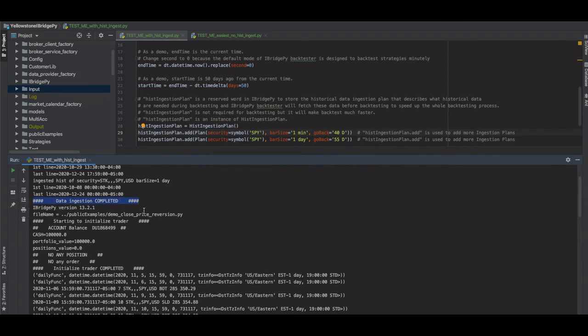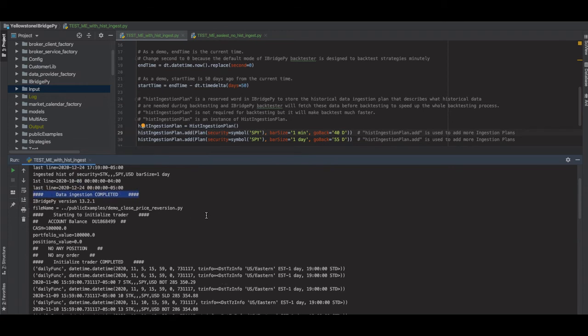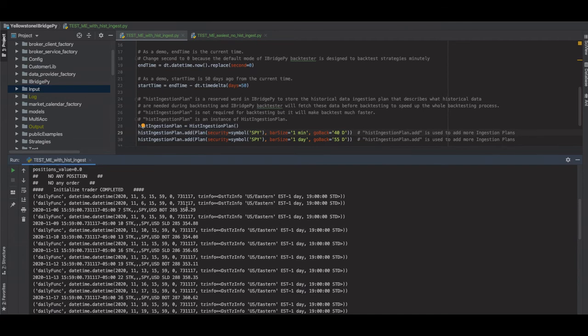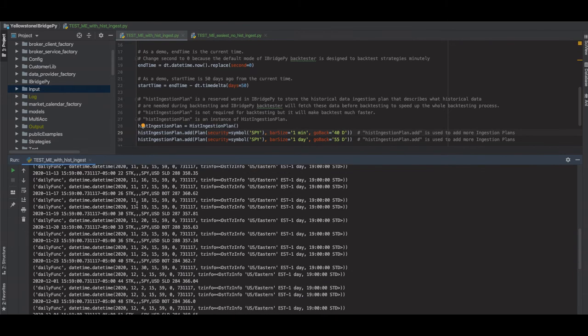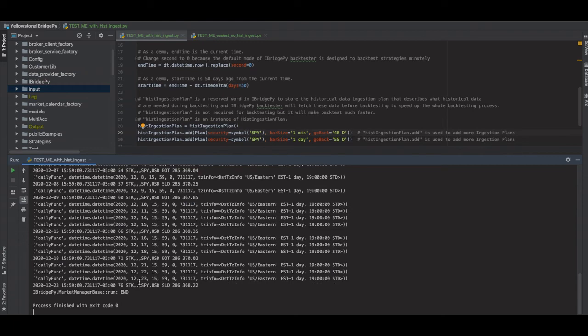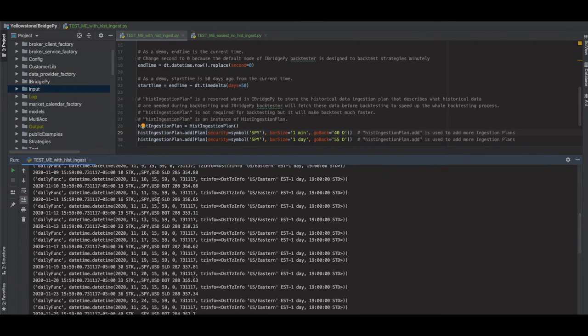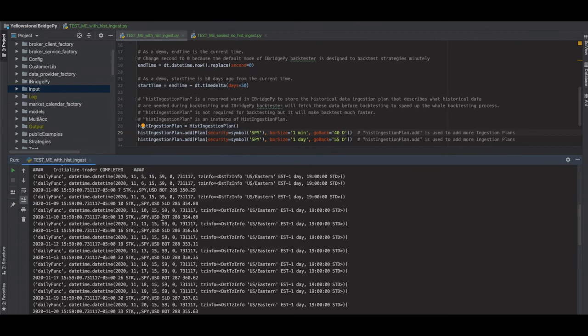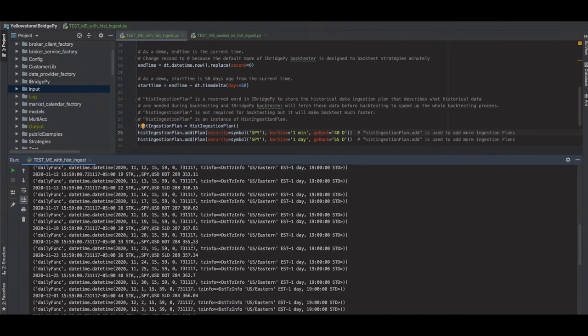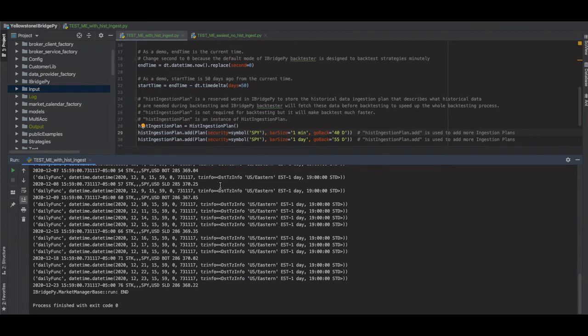And data ingestion completed. Then the backtesting started, starting from November 5th until December 23rd. And we can see it goes through. If there's a transaction, then the transaction happens as we expected.